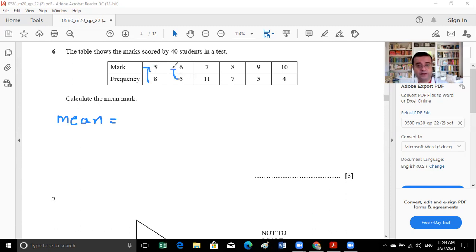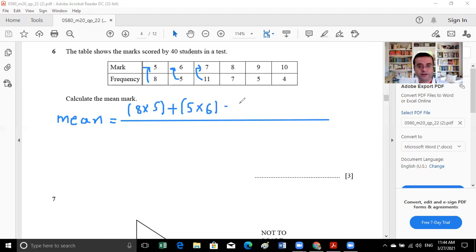Maad, do you know? We need to times the 5 and 8, 6 and 5, and so on, and then we plus them. 8 times 5 plus 5 times 6 plus 11 times 7 plus 7 times 8 plus 5 times 9 plus 4 times 10, over what?